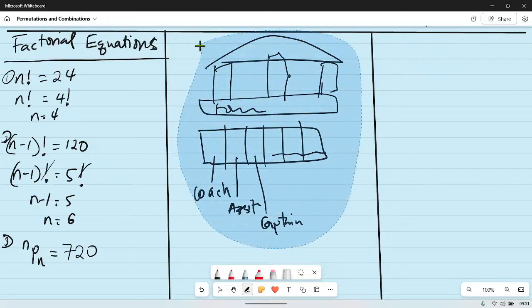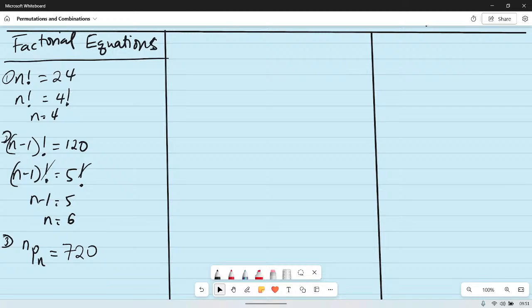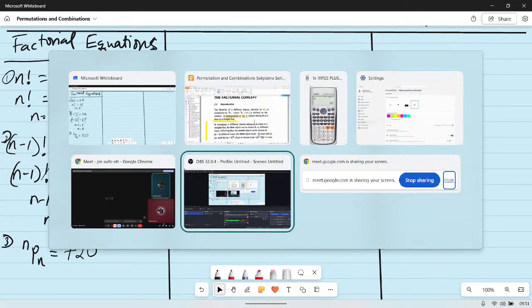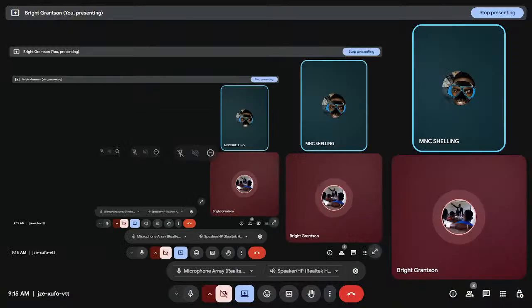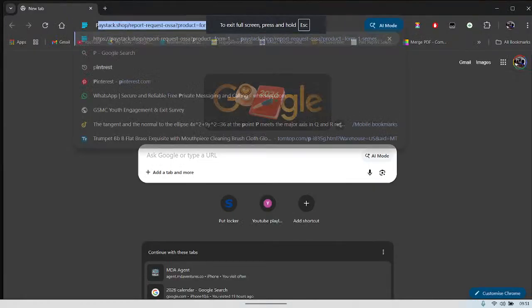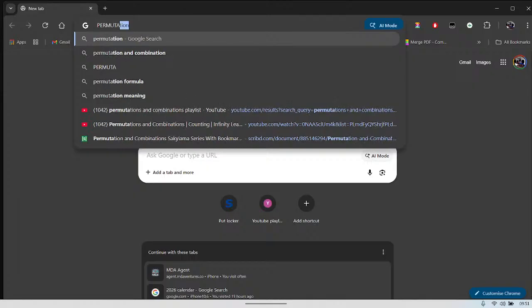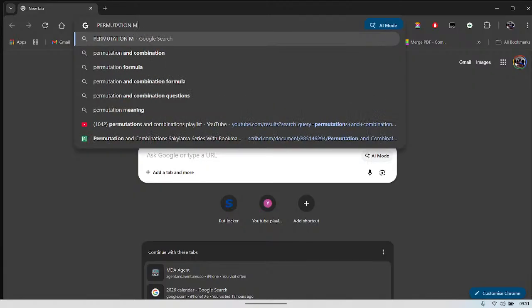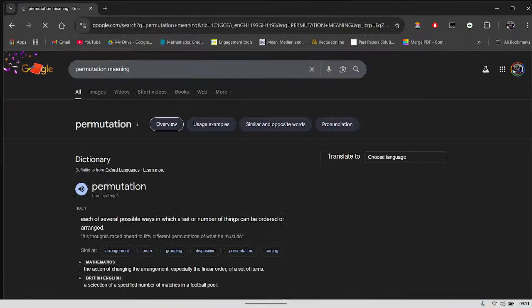Let me make sure that I'm not teaching you the wrong thing. Let me Google it for you. Each of several possible ways in which a set or number of things can be ordered or arranged.